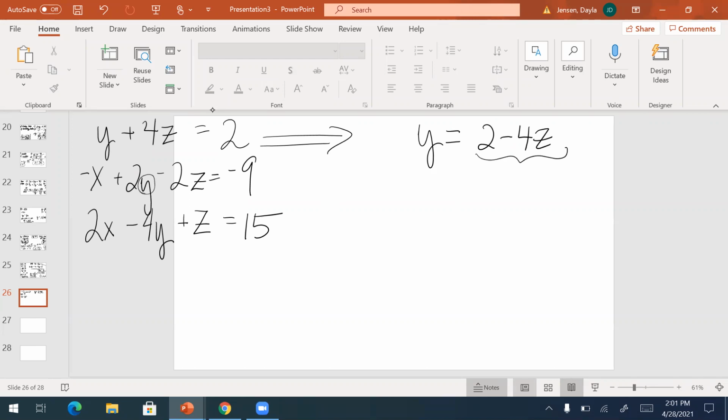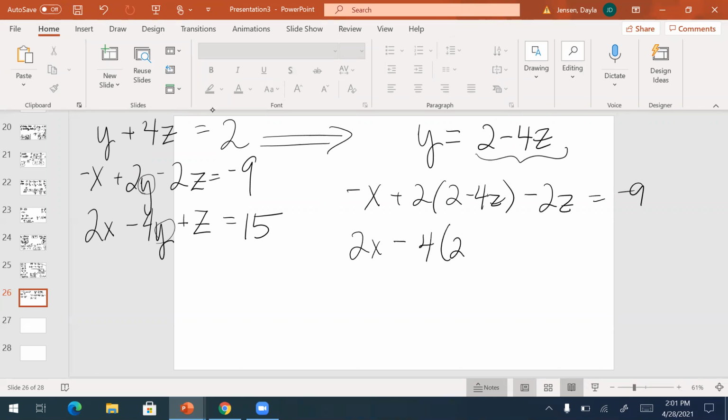For y, y is 2 minus 4z. So minus x plus 2 times y, which is 2 minus 4z, minus 2z equals negative 9. 2 times x minus 4 times y, which is 2 minus 4z, plus z equals 15.